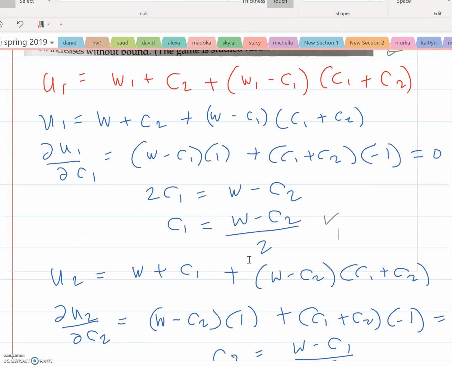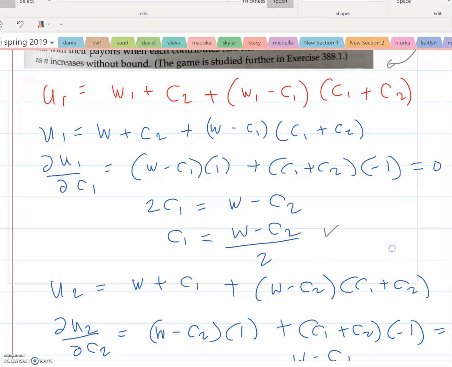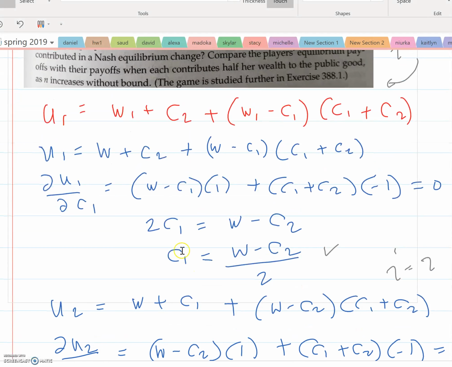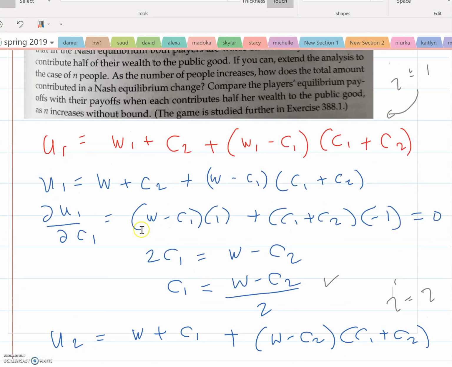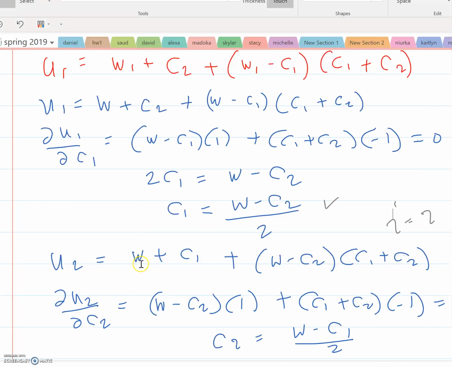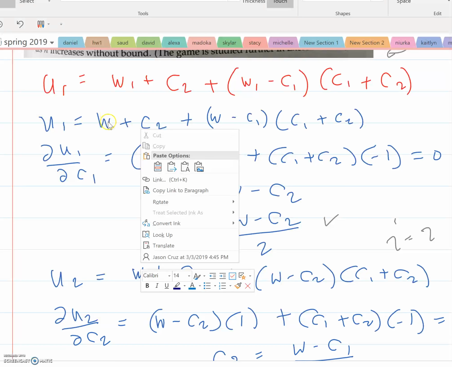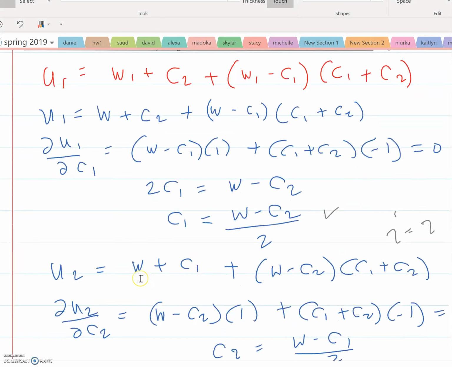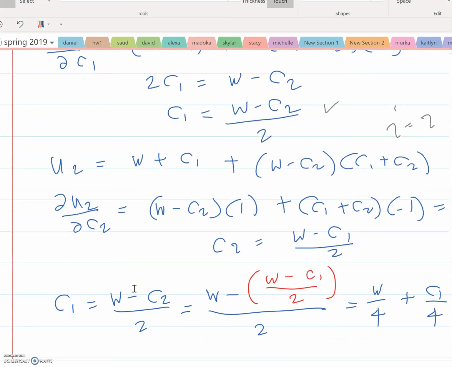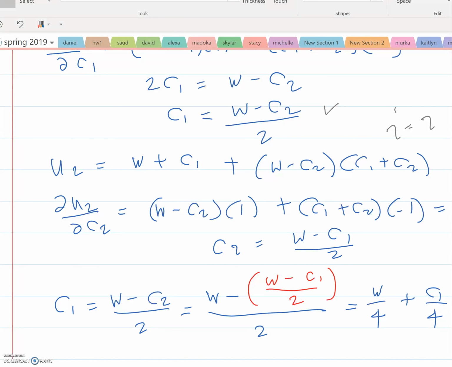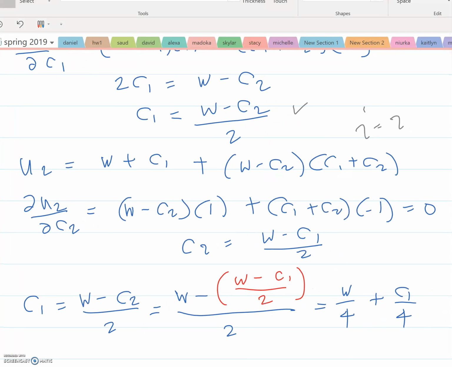Now, do the same again for i equals 2, keeping in mind that W1 equals W2 equals W. They're just going to be W, so there's no subscript for W anymore. Take the derivative again with respect to C2, and then you will have C2 as a function of C1.